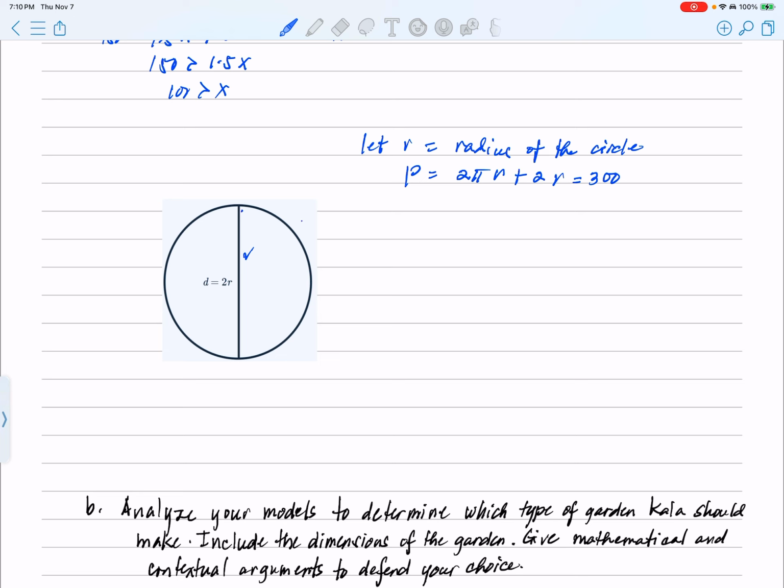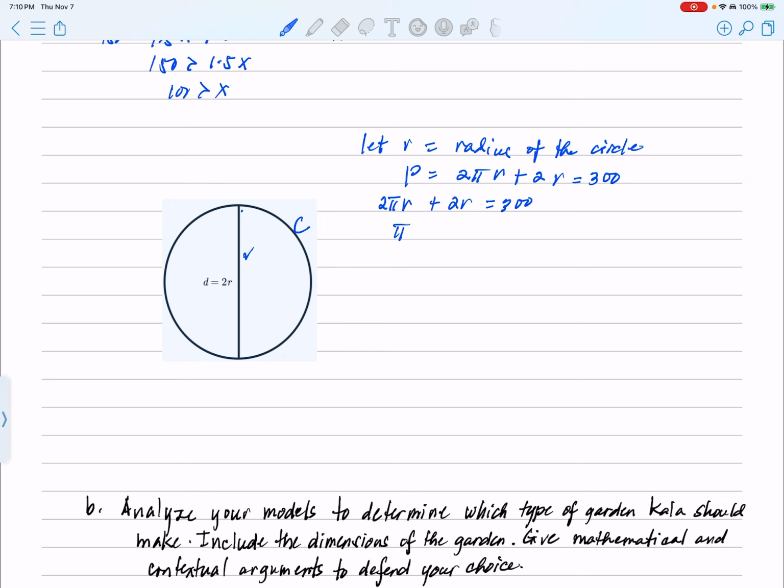So to do that, 2 pi r plus 2r equals 300. In the equation for the perimeter, 2 is common. So we divide by 2. This will become pi r plus r equals 150. So r is common.